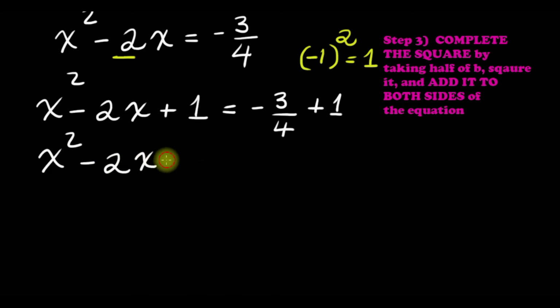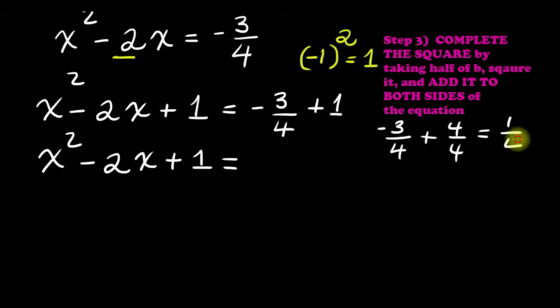So on this side you have negative 3 over 4 plus 1, which is the same thing as negative 3 over 4 plus 4 over 4. Because 4 over 4 is 1, but you need a common denominator in order to add fractions. So you're left with just 1 over 4. So this side right here is going to be 1 over 4.